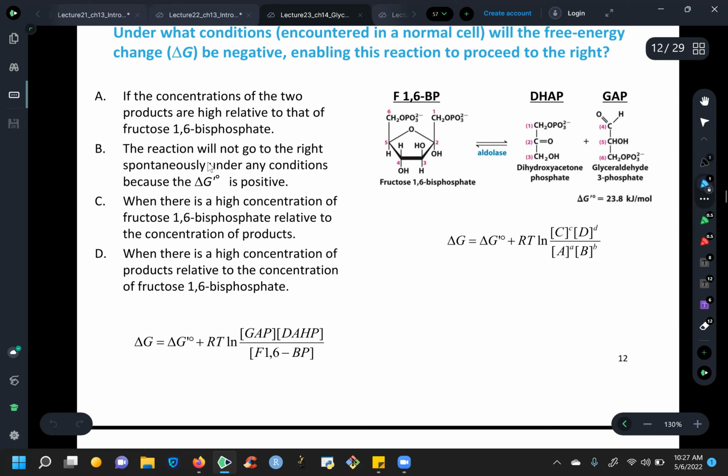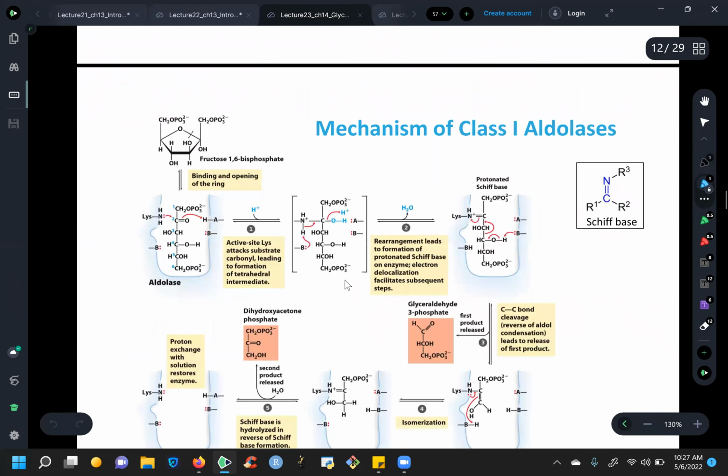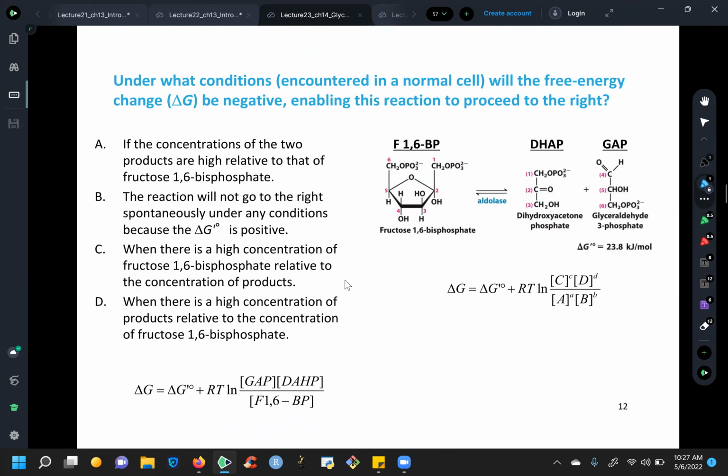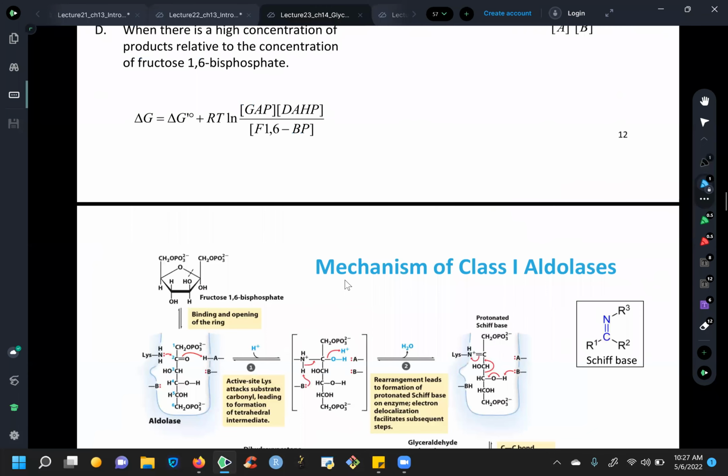The reaction will not go to the right spontaneously under any conditions because the standard free energy change is positive. Okay, I'm lost. So we're just going to skip this slide because I don't remember.